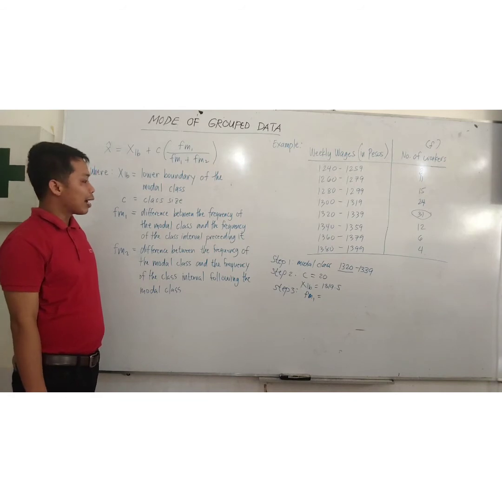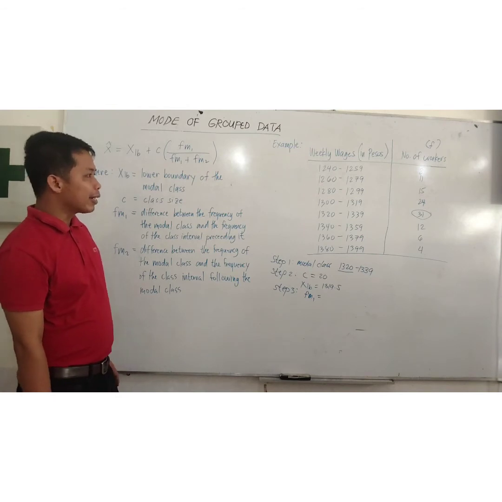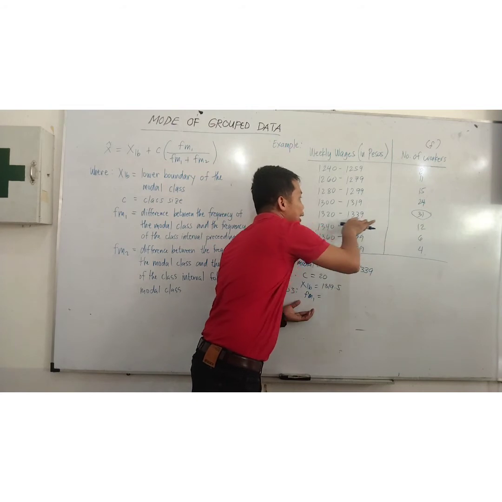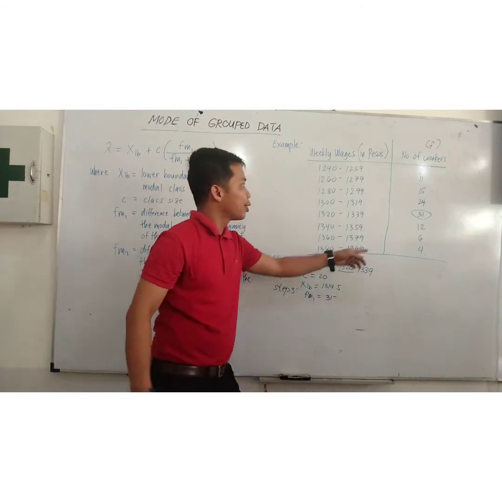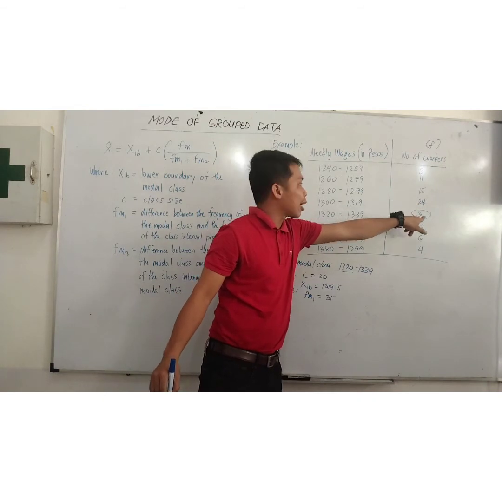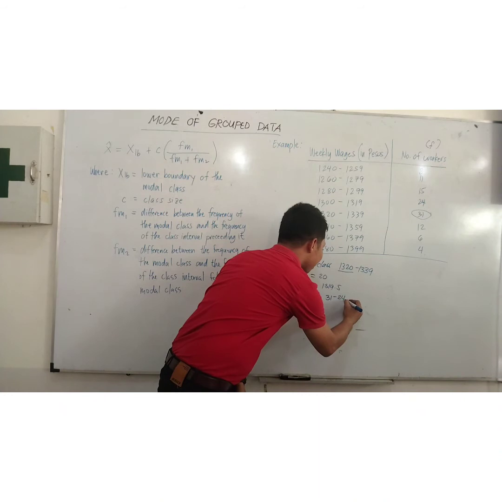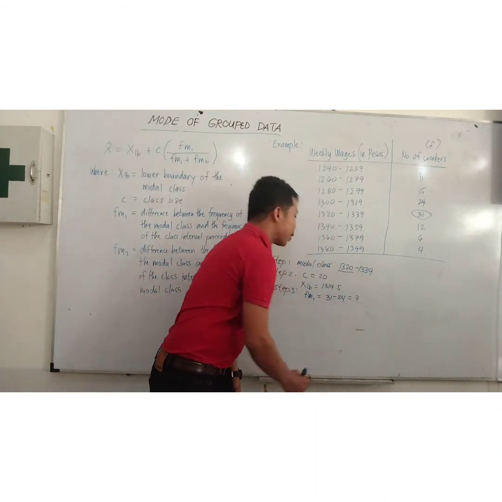So, ibig sabihin is i-subtract lang natin the frequency of the modal class, which is 31, di ba? 31 minus yung bago sa 31 na frequency, which is 24. What is 31 minus 24? Diba 7? We have 7.